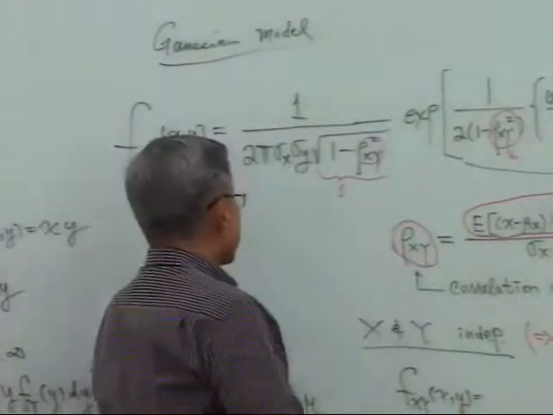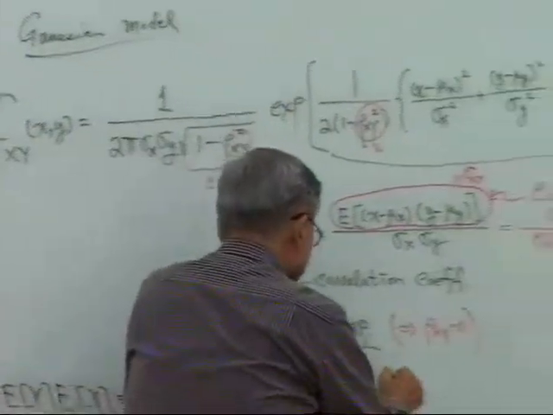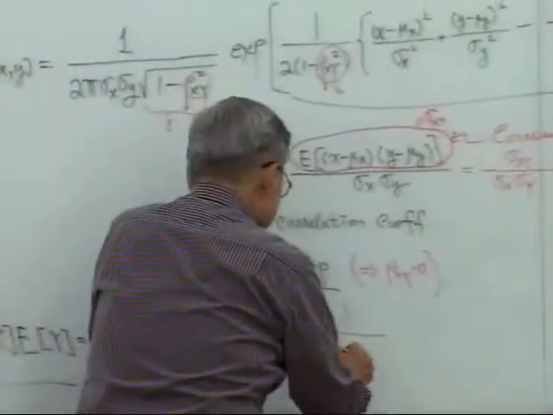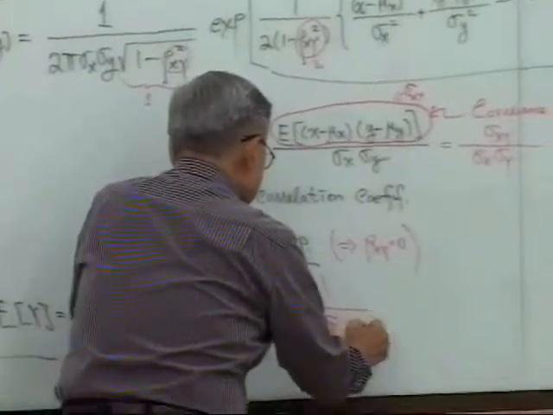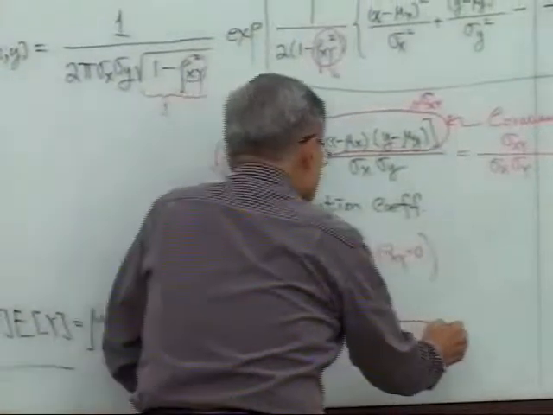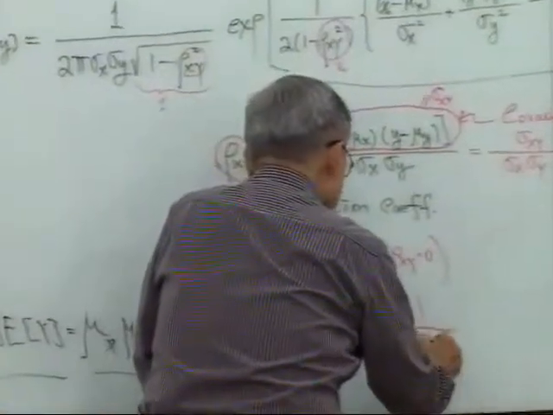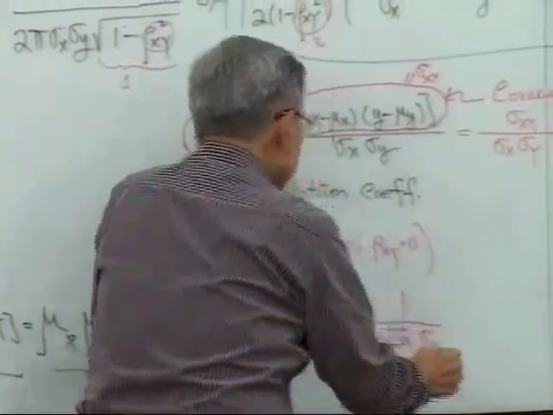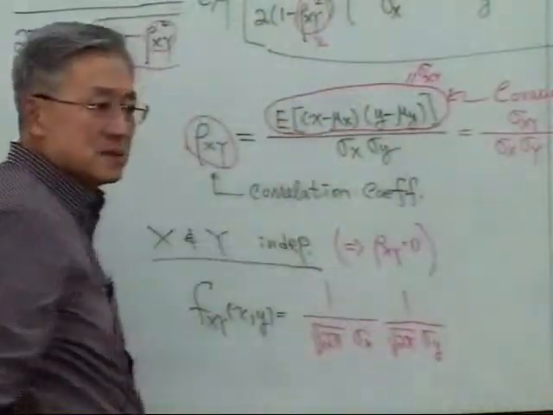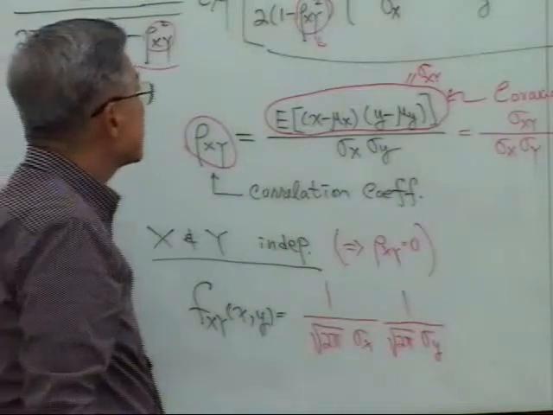So it looks like I have to write down 1 over square root of 2 pi sigma x times square root of 2 pi sigma y. Can I rewrite this like this? Yes.